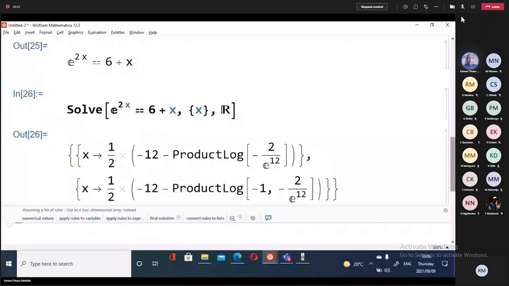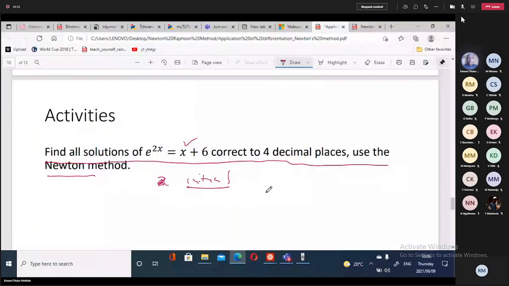What do we have here as a solution? Let's take a value close to 2 and see. Let's say x0 equals 1.8, and then you solve. So we have f(x) equals e to the power 2x minus x plus 6, which is equal to 0.